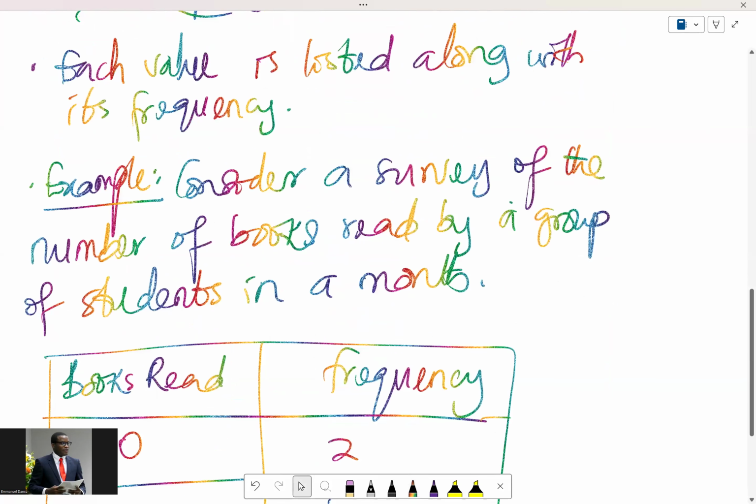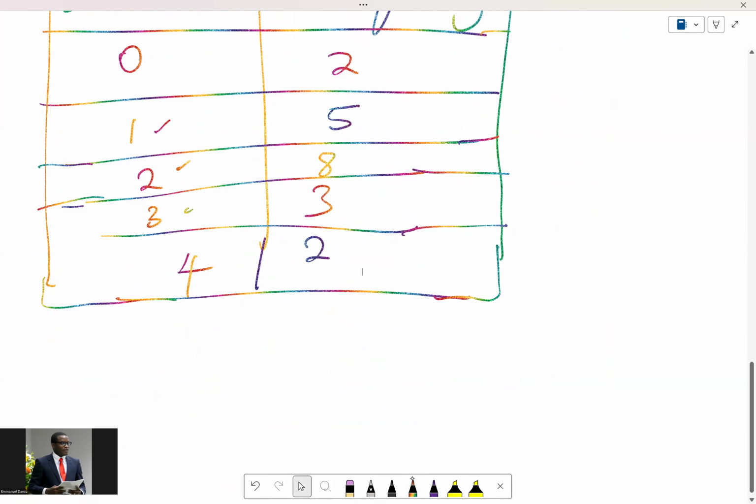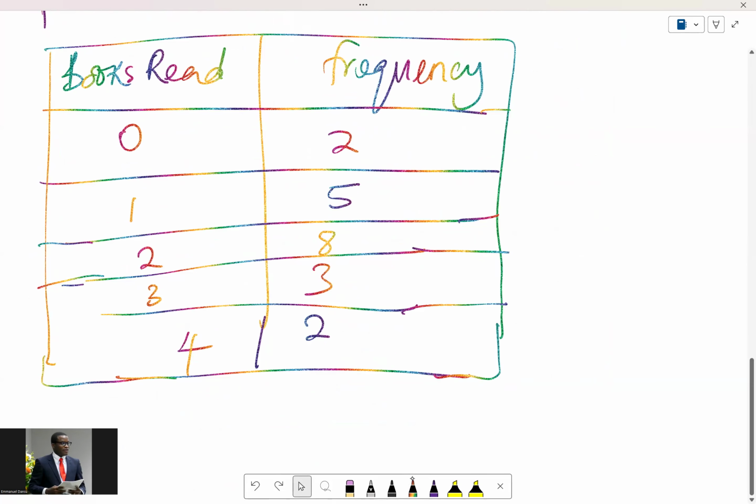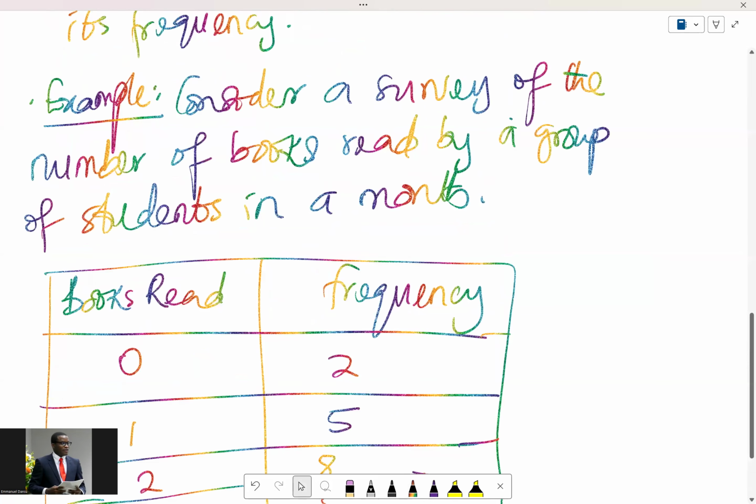That is what an ungrouped frequency distribution is about. We've encountered it a lot in talking about measures of central tendency and all the calculations we've been doing, where we've had to deal with both grouped and ungrouped data. So this is ungrouped: you have just a single value with its frequency.